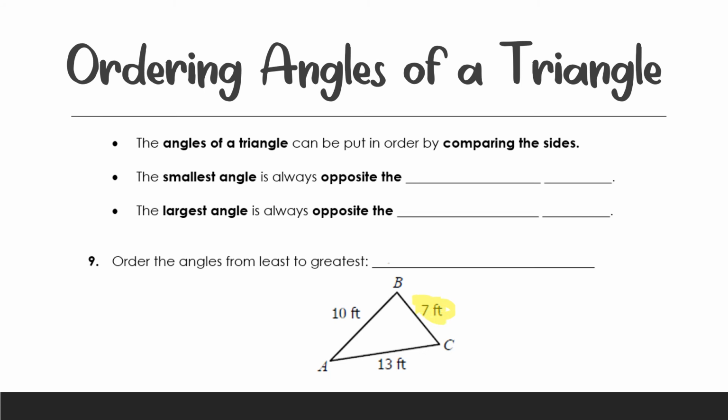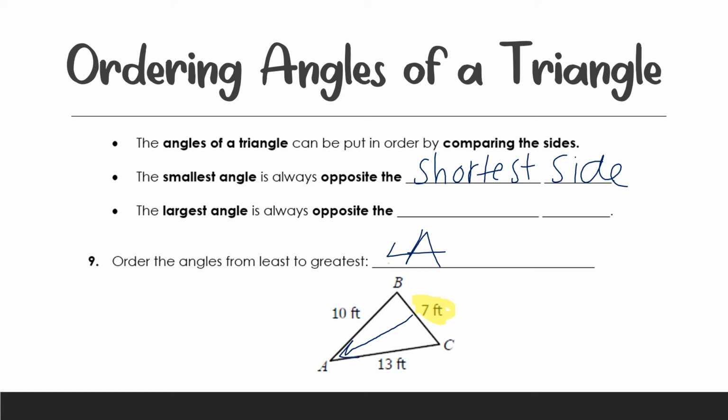The angle opposite the shortest side will be the smallest angle. So the angle opposite that would be angle A, our smallest angle. So the smallest angle is always opposite the shortest side. So in this case, that would be angle A.